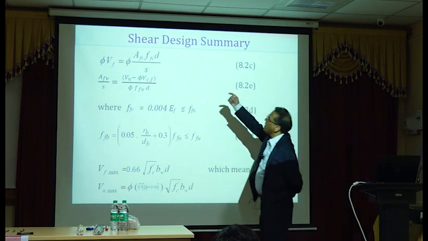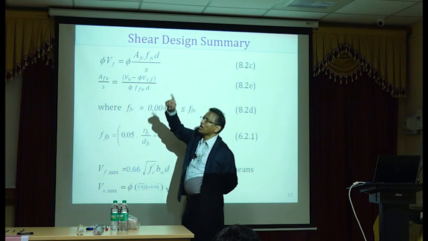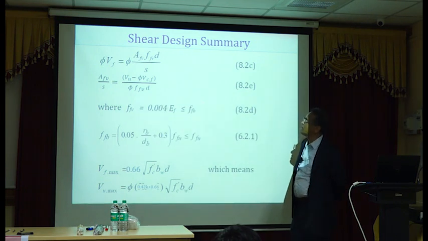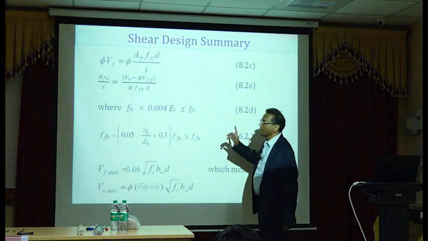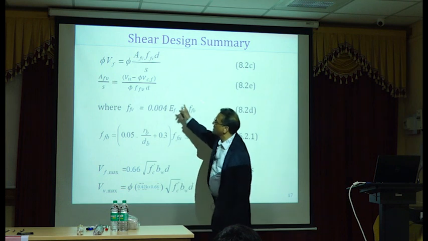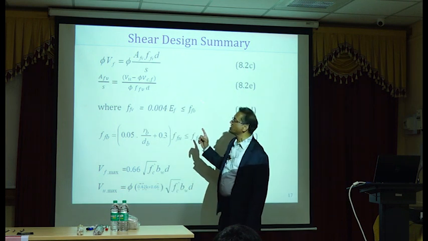And then phi VF is based on force equilibrium, obviously. And then the key thing is this limit here, that's what will limit your shear strength capacity of FRP bars.